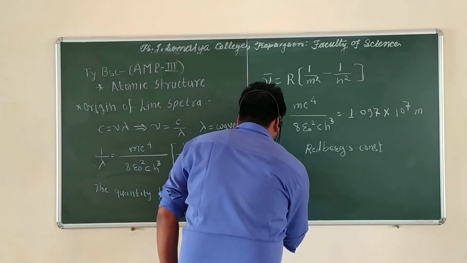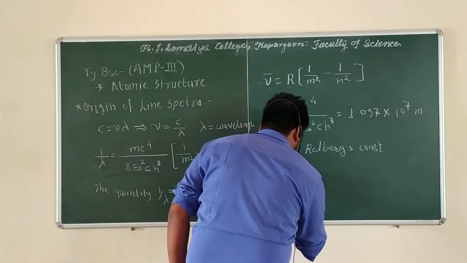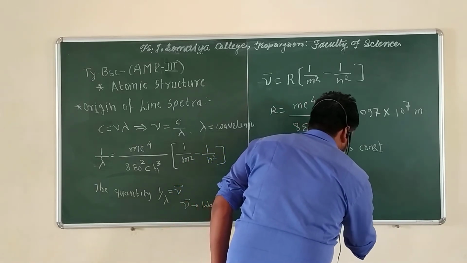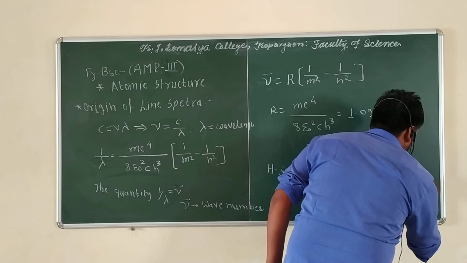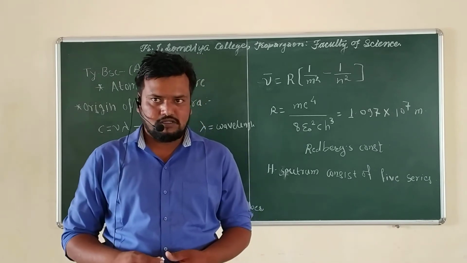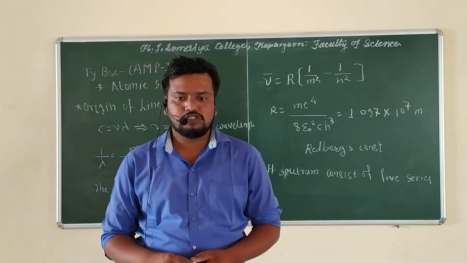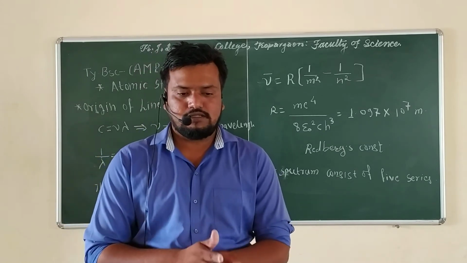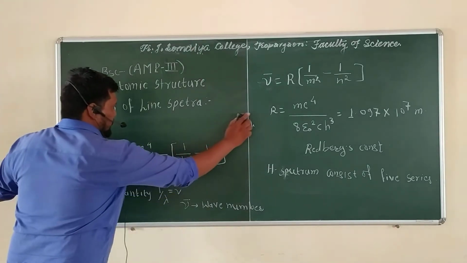Okay, and these series, you know, are the Lyman series of the hydrogen spectrum, Balmer series, Paschen series, Pfund series and Brackett series. So we want to see the first series here, that is the Lyman series of the hydrogen spectrum.